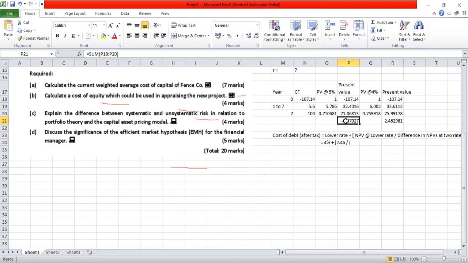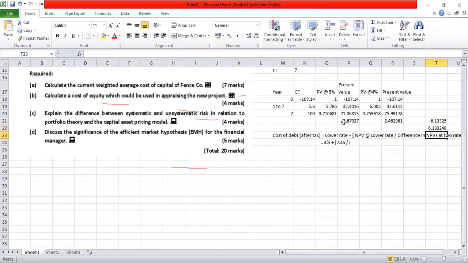If we have to find this minus this, the difference is this minus this, but without the negative figure. You can also try it the other way around, that is this minus this.